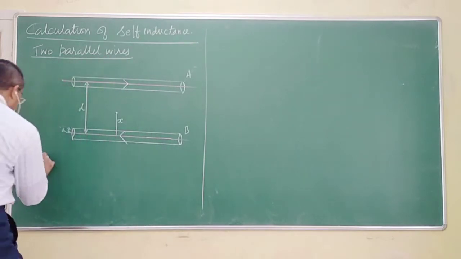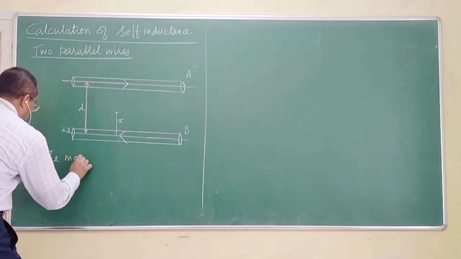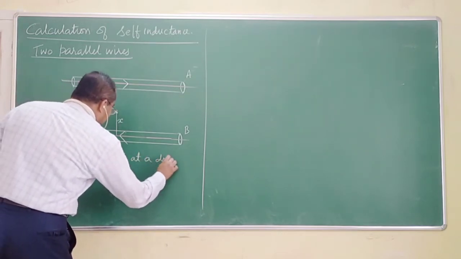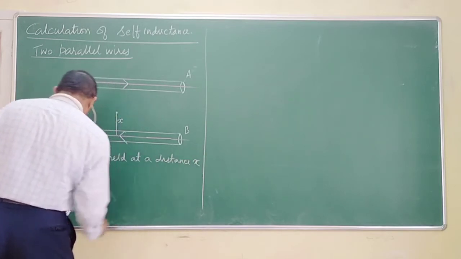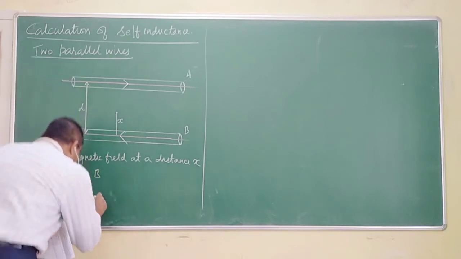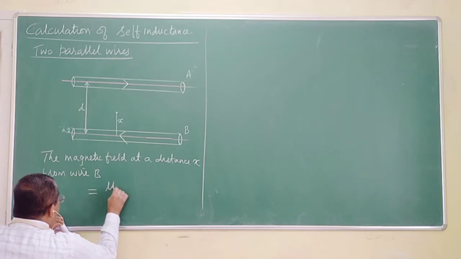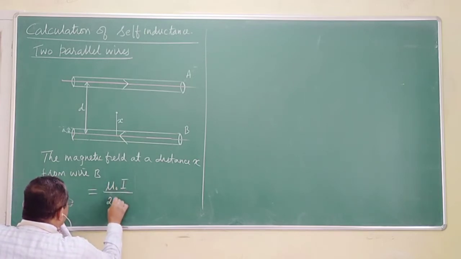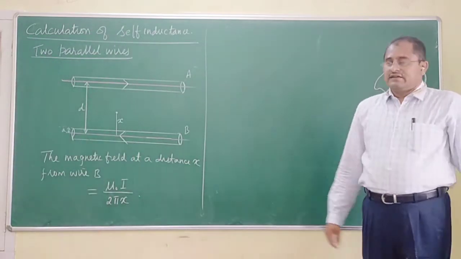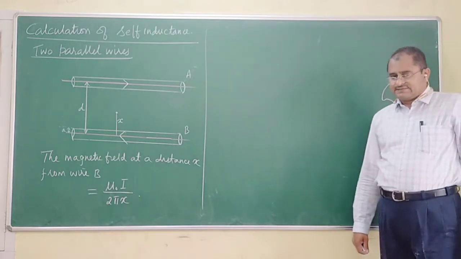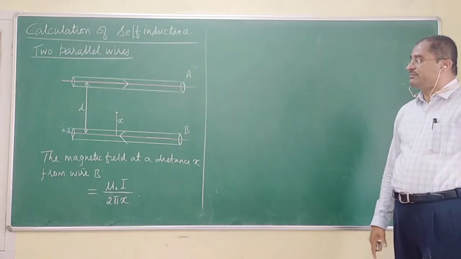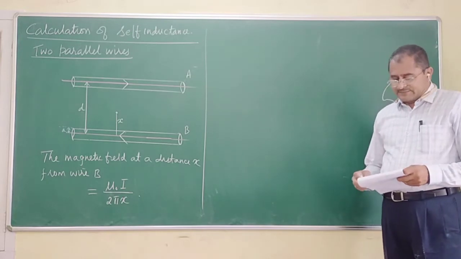So I will write the magnetic field at a distance x from wire B. This is equal to mu naught I by 2 pi x, where mu naught is permeability of free space, I is the current flowing through the wire, x is the distance of the point from the axis of wire B.